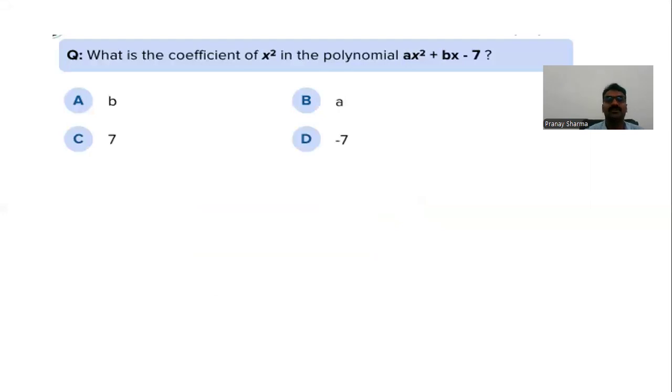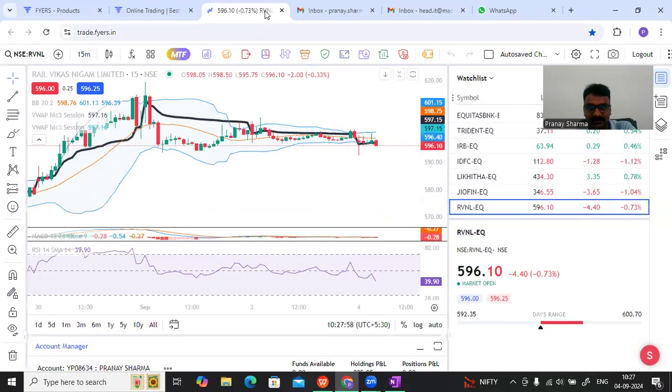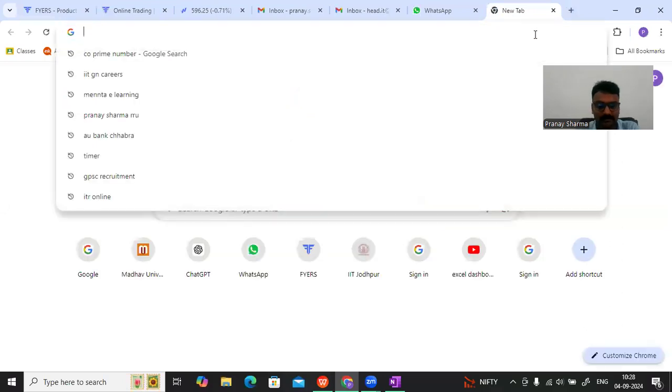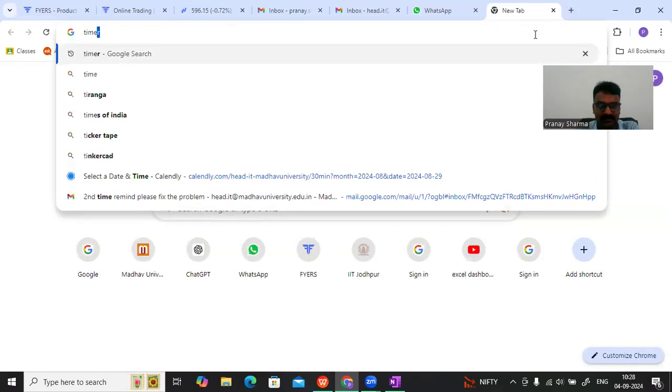Calculate. What is the coefficient of x square in the polynomial ax square plus bx minus 7? So what I'll do, I'll quickly jump to the timer.